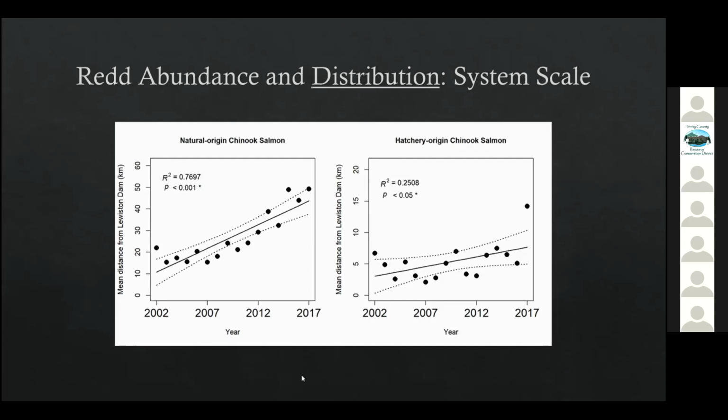Since redd superimposition occurs up there, mark recapture provides a better estimate of escapement in those areas. And then downstream, where there's significantly less superimposition and redds are more sparse, I think the redd counts are a better estimate of escapement. So it's kind of the best tool for the job above and below reach 2.